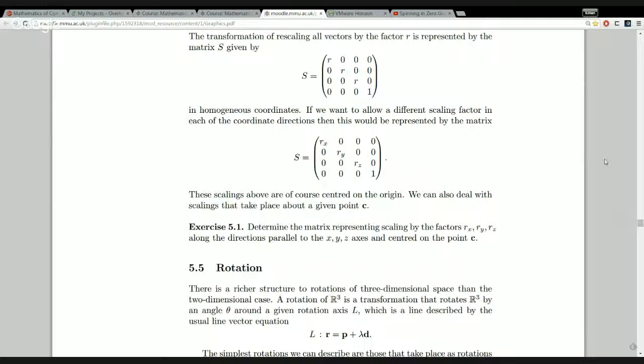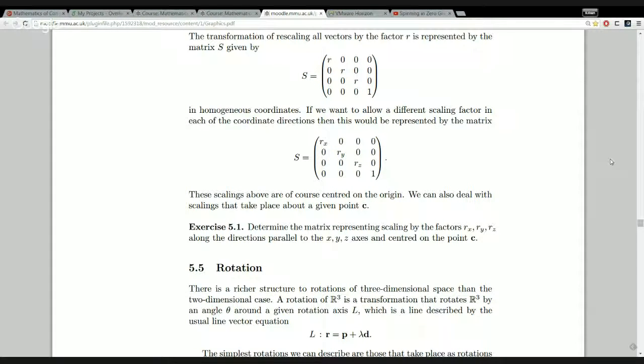Okay, here's a good exercise. These are scalings about the origin. How would we handle, and this kind of leads us into the technique we're going to use for handling rotations, rescaling about some other point C? What would that matrix look like?